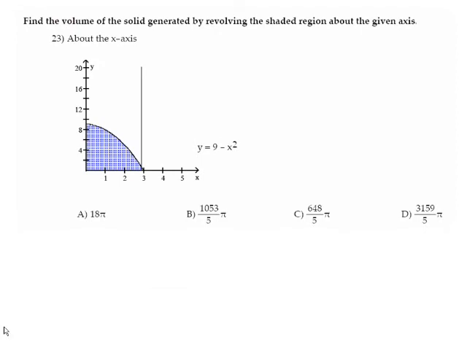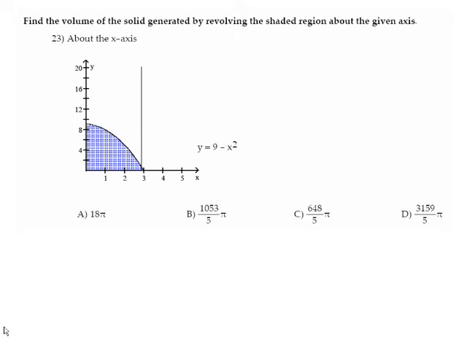Okay, this last problem involves revolving a function around the x-axis, and we'll be talking about that on Wednesday this week. Notice if we revolve this, we're going to get a solid.